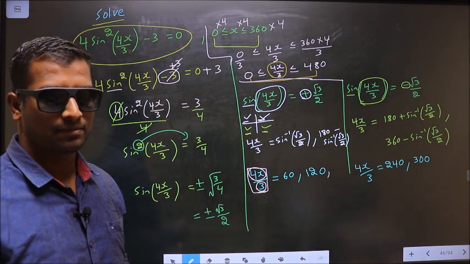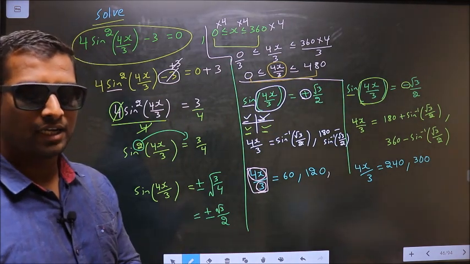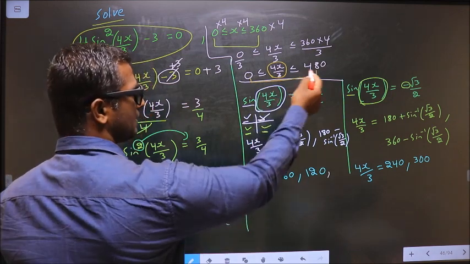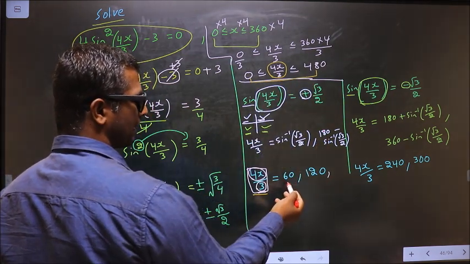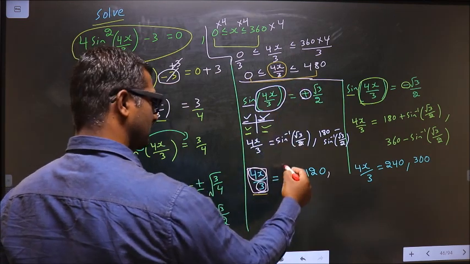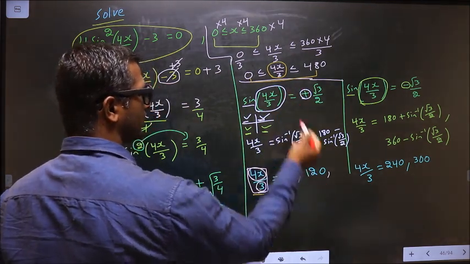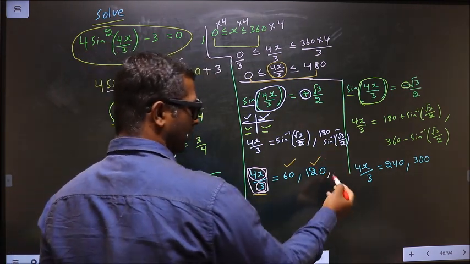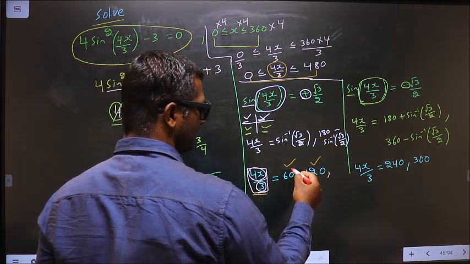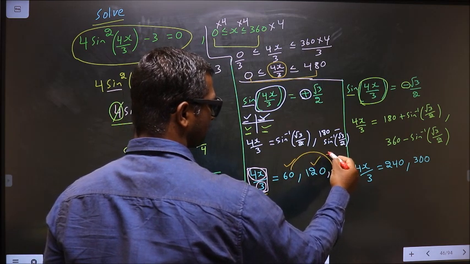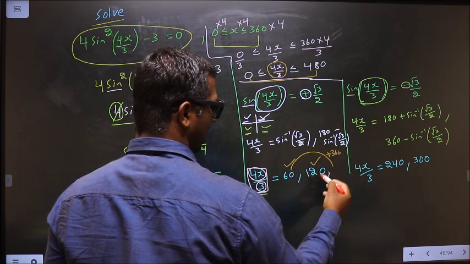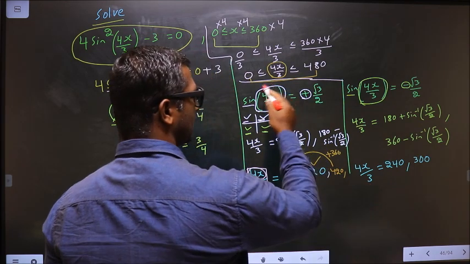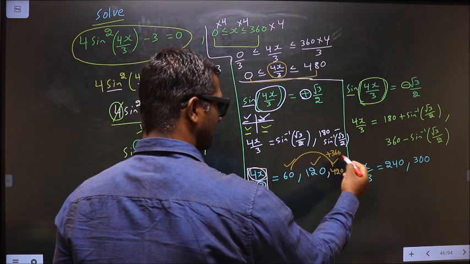Am I clear? Now we should write all the values for 4x/3 in this interval. Does 60 lie in this interval? Yes, accept it. Does 120 lie in the interval? Yes, accept it. Now to get another value, I should add 360 to this. When I add 360, I get 420. Does this lie in this interval? Yes, accept it.